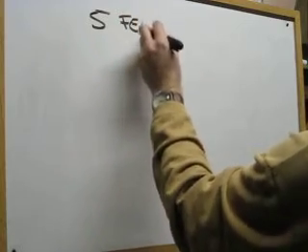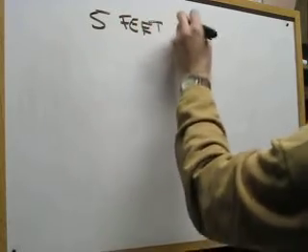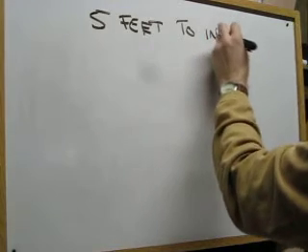So let's go ahead and look at what we're trying to do here. Down at the bottom of the page, we have example 1. And what we're doing is some converting, converting from one unit of measure to another. So this first one we're converting 5 feet to inches.